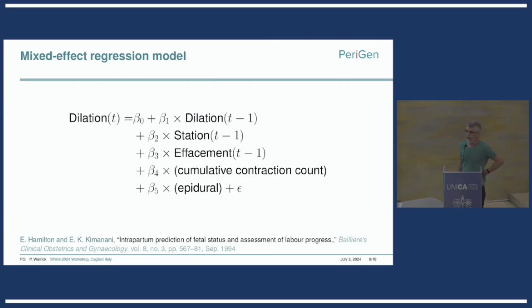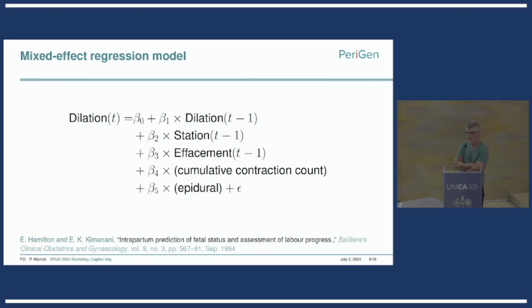Now, our baseline model was a model that my colleague Dr. Emily Hamilton developed in the 90s, which was a mixed effect regression model that would predict the dilation at any time t as a function of these regressors, these predictors. Dr. Hamilton actually had a bigger set, a few more.